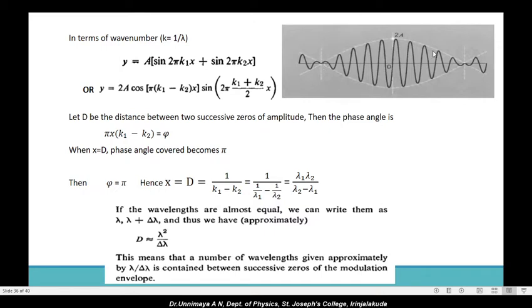This point to this point represents the two successive zeros of amplitude, and in between these two successive zero amplitudes, that is in this d length, we get a number of wavelengths approximately equal to lambda by delta lambda.